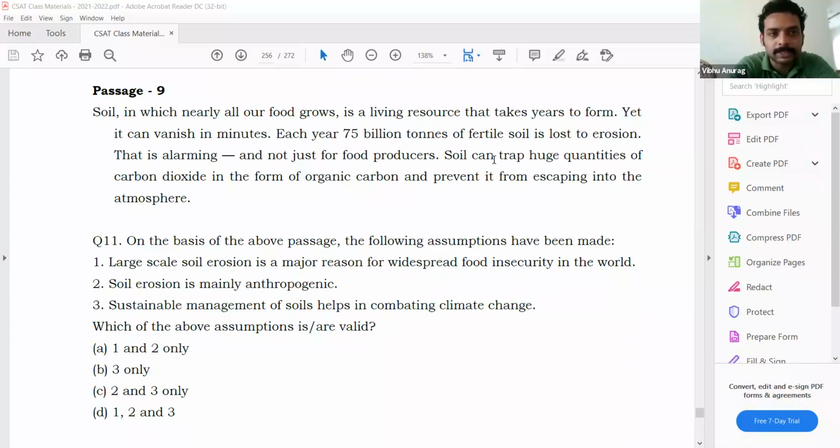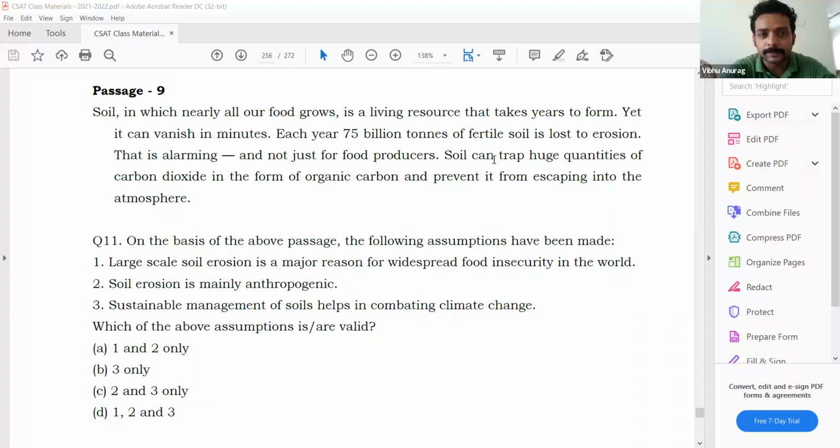Now let's see this passage 9. Soil in which nearly all our food grows is a living resource that takes years to form. Yet it can vanish in minutes. So this is the property of soil. It takes a long time to form, but it can vanish very fast. Each year, 75 billion tons of fertile soil is lost due to erosion. And that is alarming.